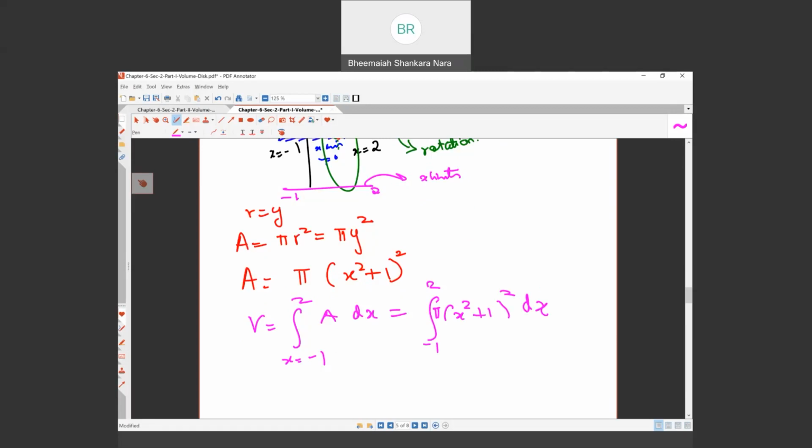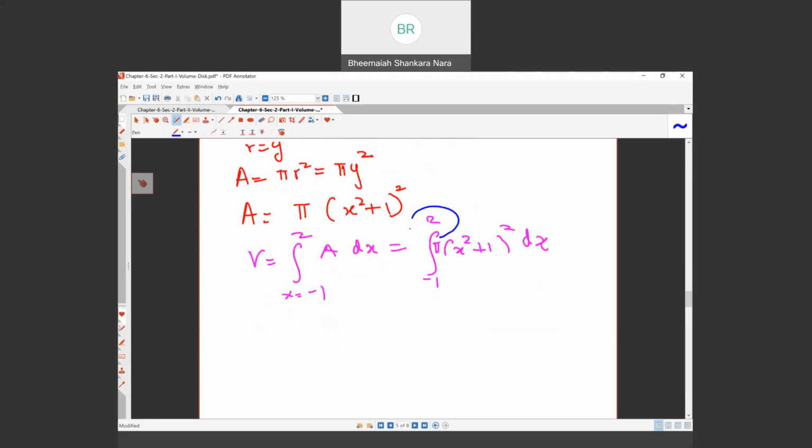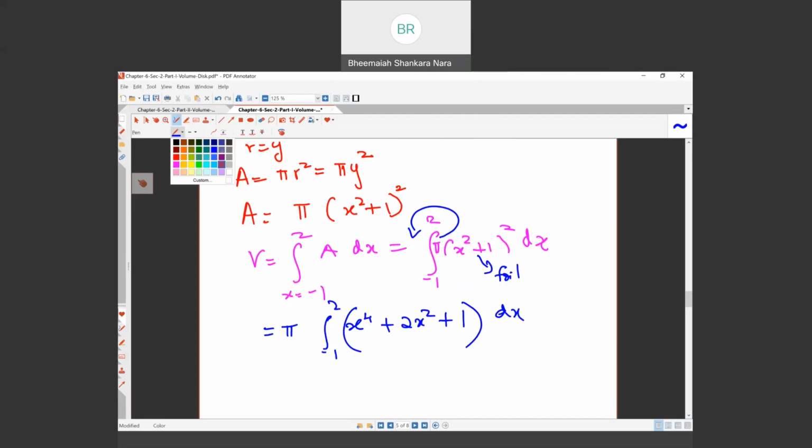Pi is a constant of integration. You can move this outside and FOIL this term, the square term, -1 to 2. So you have x to the 4, 2x squared, plus 1, and then you have a dx. Now we are all set to integrate this integral. So let's do that.